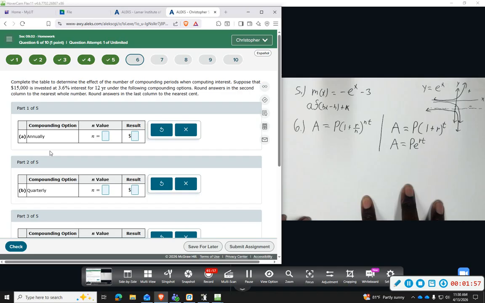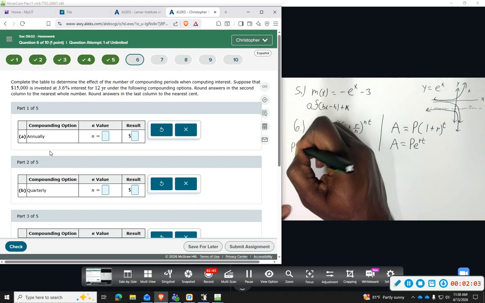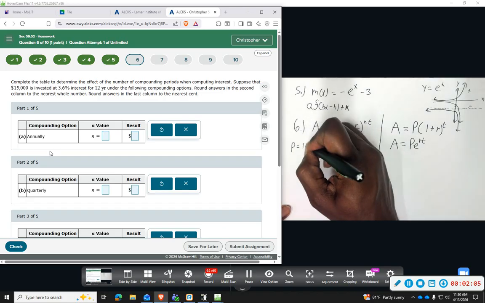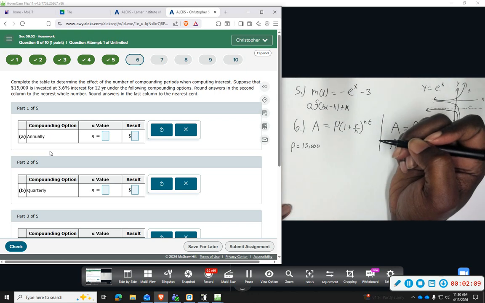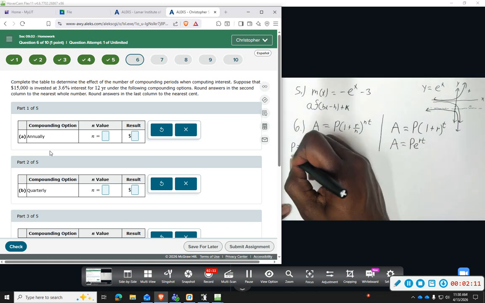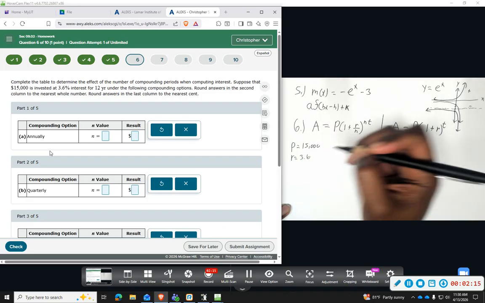So for annual compound, and we will use a calculator, we are given the amount invested, so P is equal to the 15,000, and then the interest rate R is 3.6%.